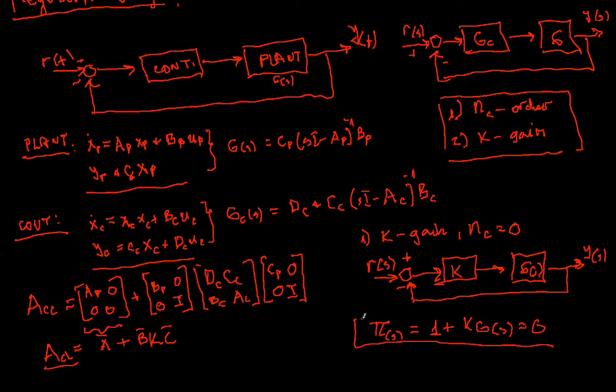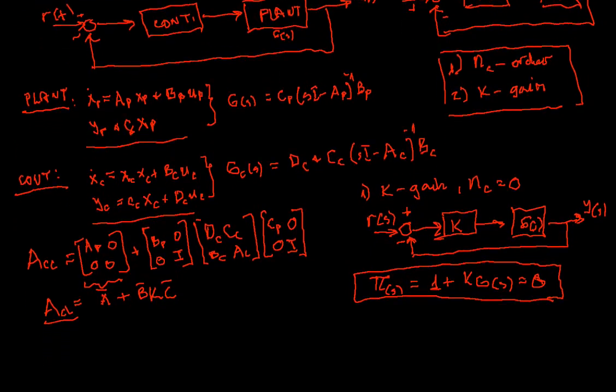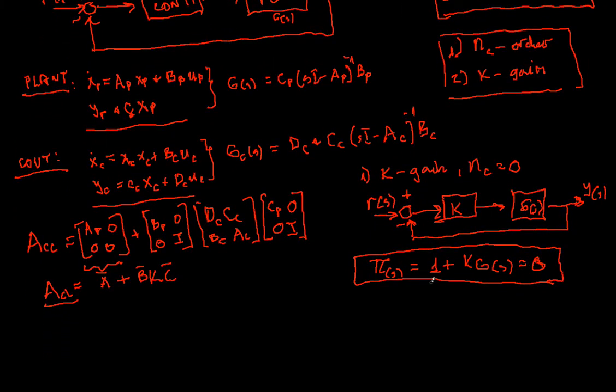In other words, we need a gain that ensures that the solutions or the roots of this P of s characteristic polynomial are negative.